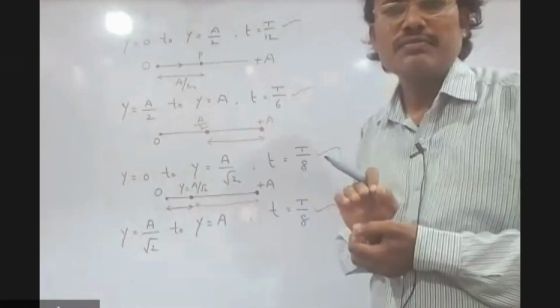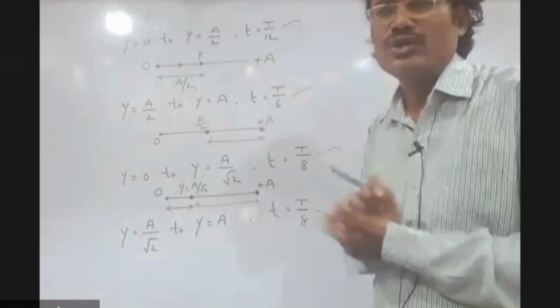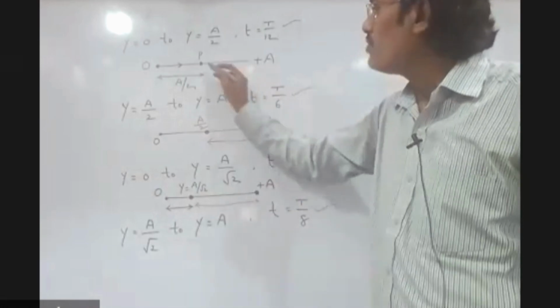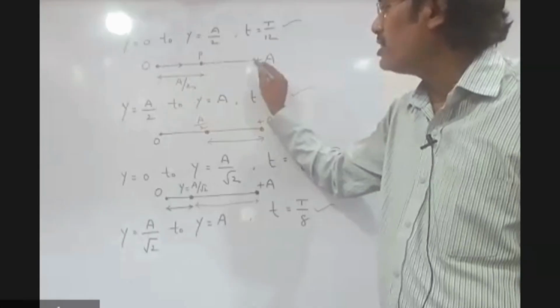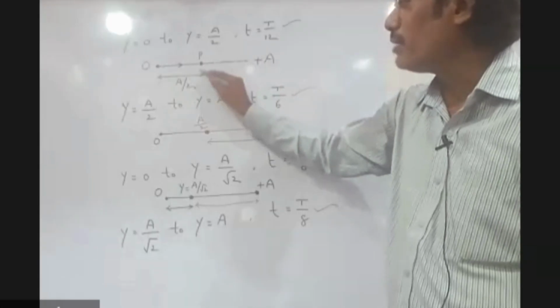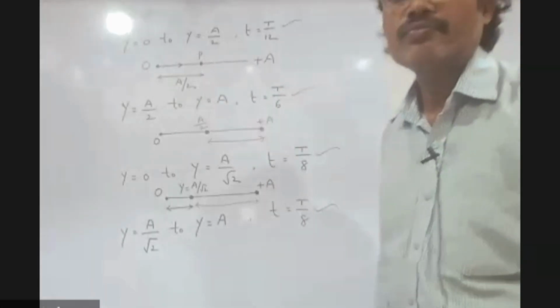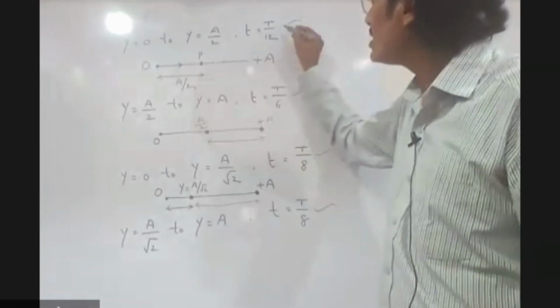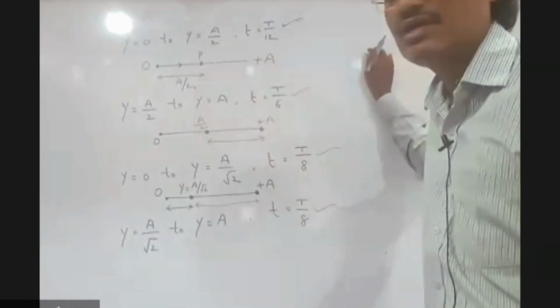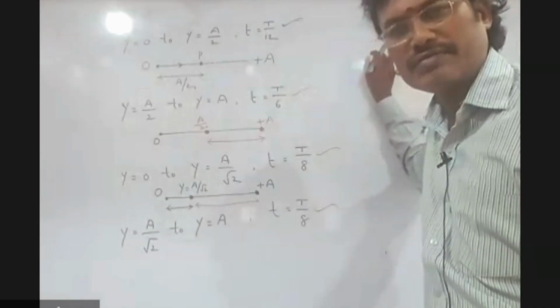One position is half the amplitude. Half the amplitude means the total distance is capital A, and in that half, exactly at point P, the distance is A by 2. From the mean position to half the amplitude, the time taken by the particle to reach is capital T by 12.